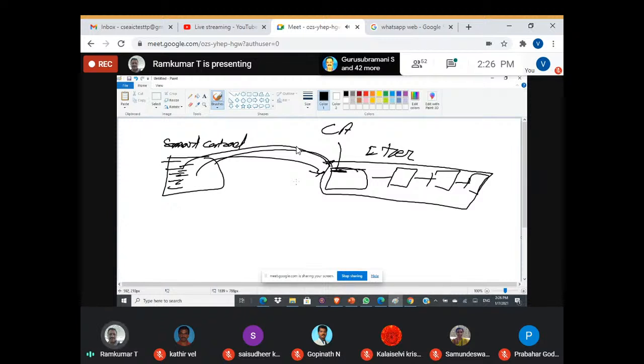In Ethereum, whenever you deploy a smart contract in the blockchain, there is code associated with it.